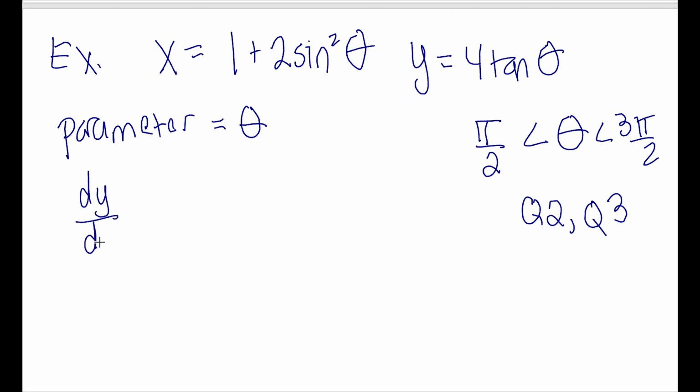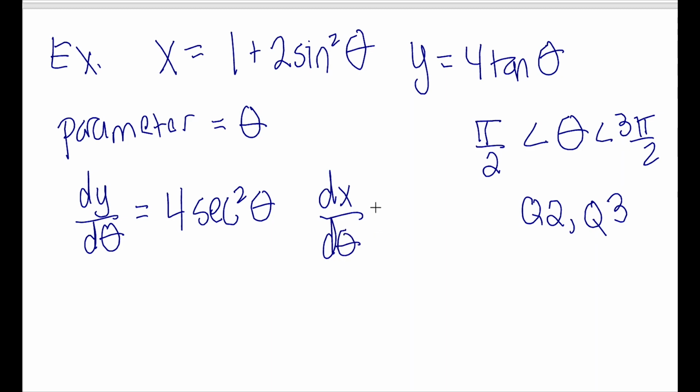So dy over d theta is the derivative of 4 tan theta, and that gives you 4 secant squared theta. The derivative of x in terms of theta, so remember it's 2 times sine of theta squared.